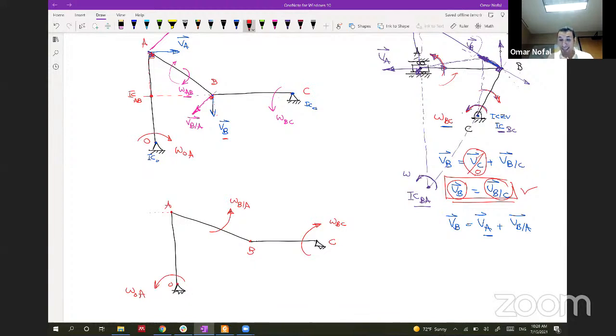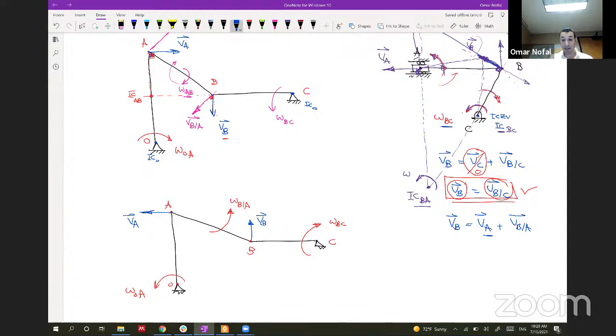So with this, let's see how the velocities look. VB will be going up because omega BC is rotating. And based on this omega, A will be going this way because I have omega OA going this way.